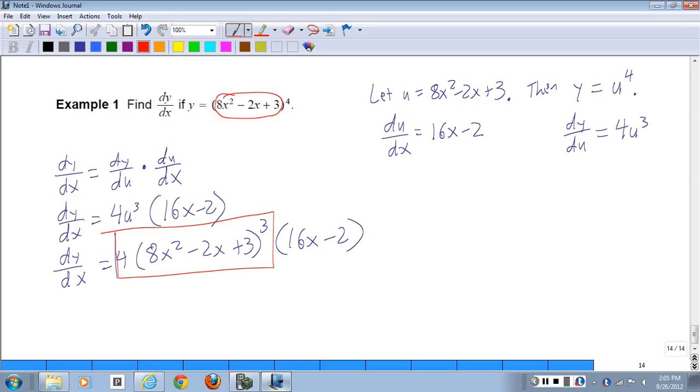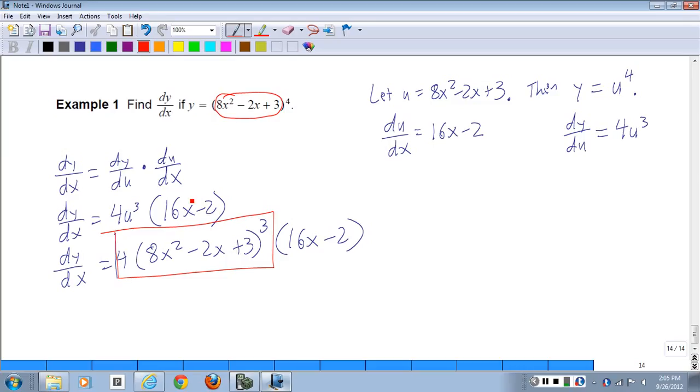Because you take the derivative kind of like you would expect to. The expression is something raised to a power. You take that power, bring it out front, reduce the exponent by 1. But the chain rule says multiply by the derivative of what's inside the parentheses. Basically, multiply by du dx, the derivative of the inside function. And when we do that, we'll have it.